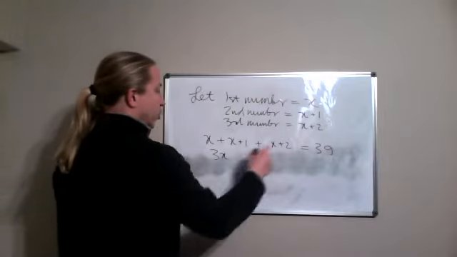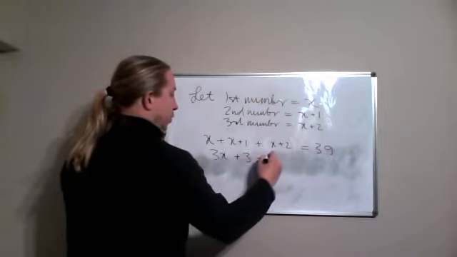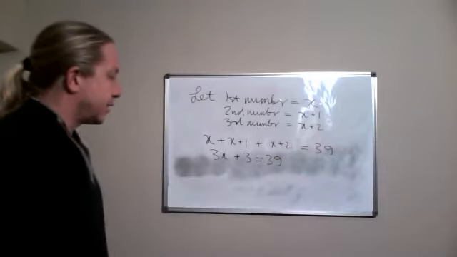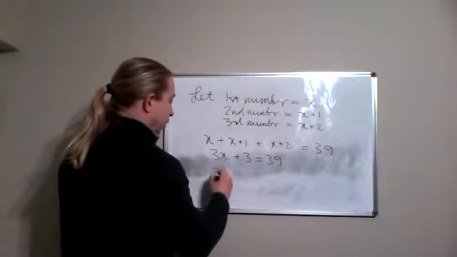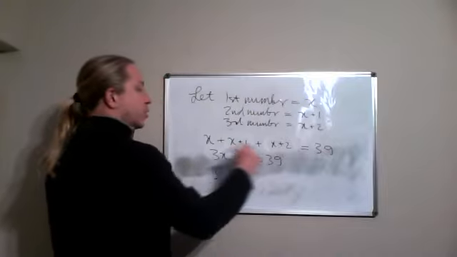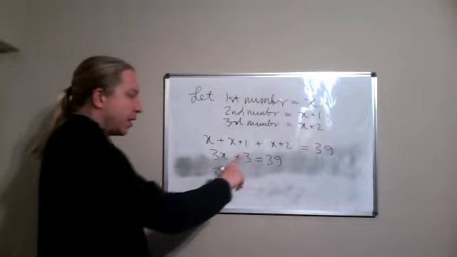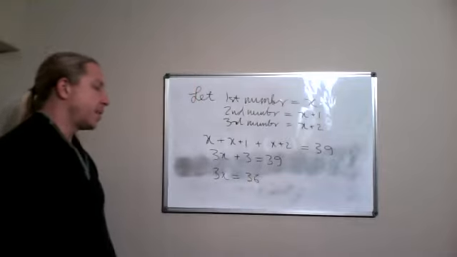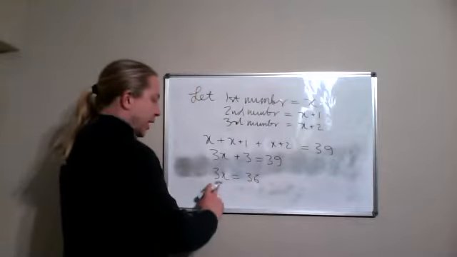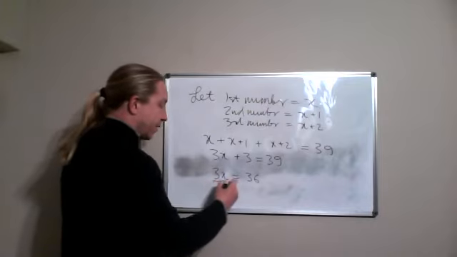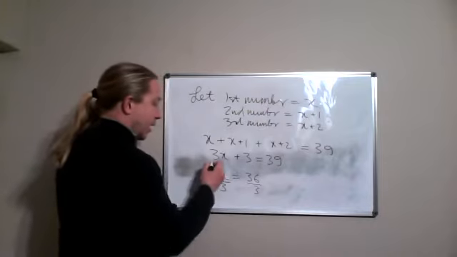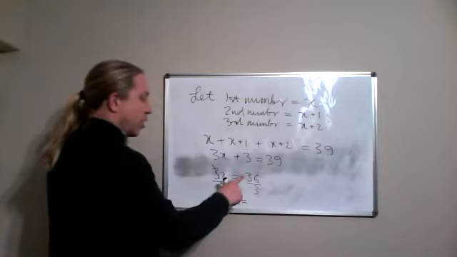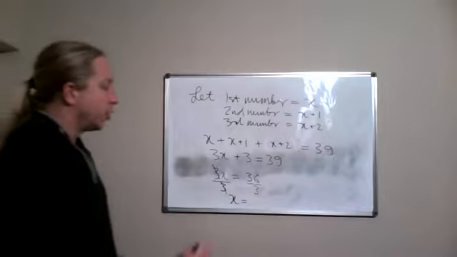Plus 1 plus 2, that is plus 3, equals 39. We take this 3 to the other side, and we have 3x equals 39 minus 3, it becomes negative, which is 36. Now we want to get rid of this coefficient of 3, so we divide both sides by 3. That cancels, leaving us with x, which equals 36 divided by 3.